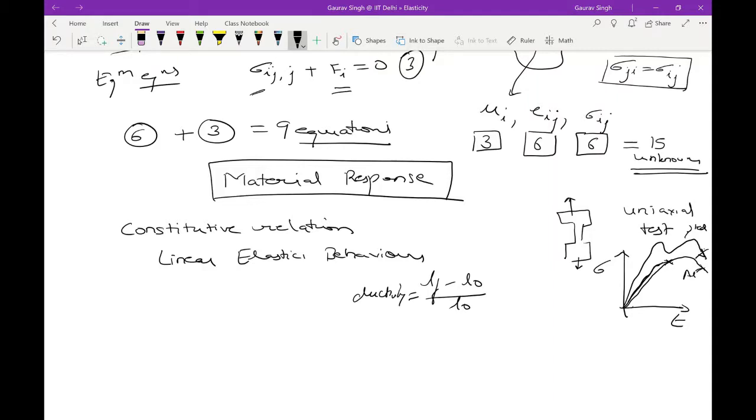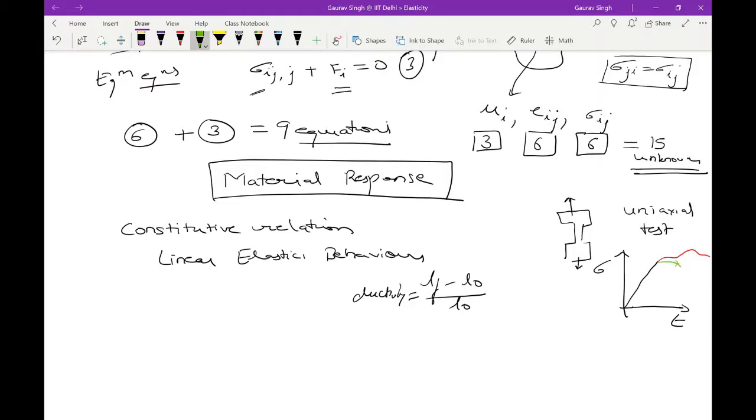So our subject, irrespective of whether the material is brittle or ductile, will only be focused on a relationship like this, where the relationship between stress and strain is linear. Okay, now the material, if it's ductile, will go its own path, or if the material is brittle, it may go its own path.